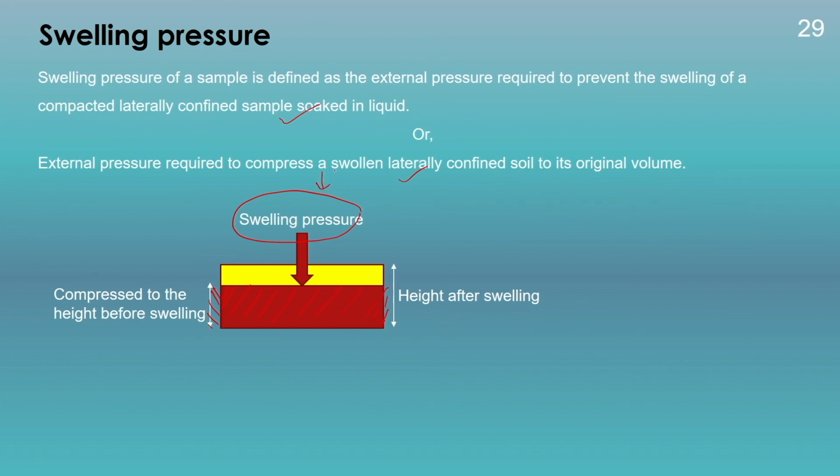So going by the second definition, if we allow the soil sample to increase in its volume, and if the volume increases up to this extent, then the amount of pressure which we add in the vertical direction to bring back the volume of the soil to its initial volume is known as the swelling pressure.